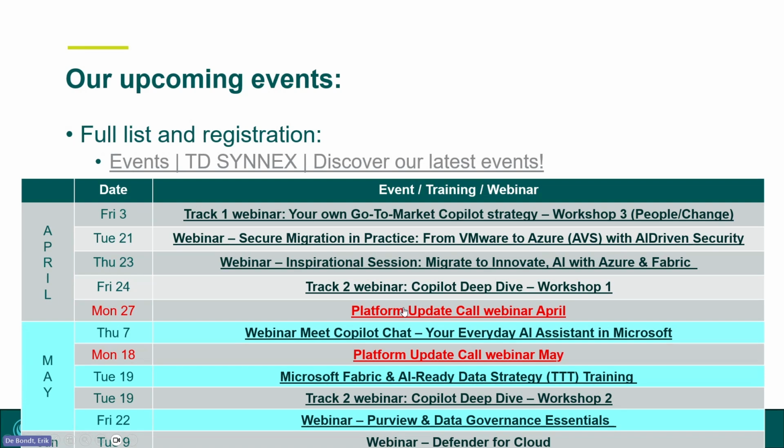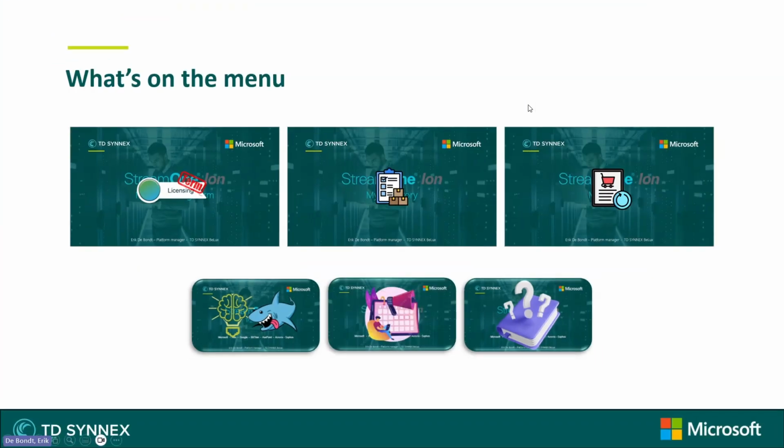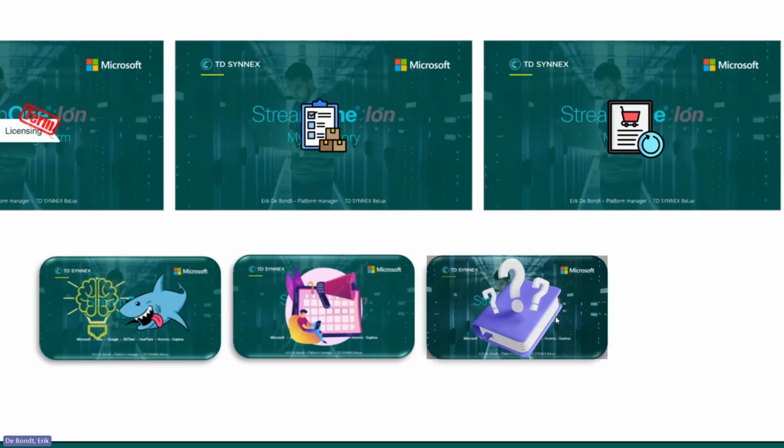Platform updates, as announced, 27th of April and 18th of May. You can see all the other webinars and trainings that we do till June. Over summertime there will not be many trainings or webinars, but in September we'll start with new rhythms and new sessions.